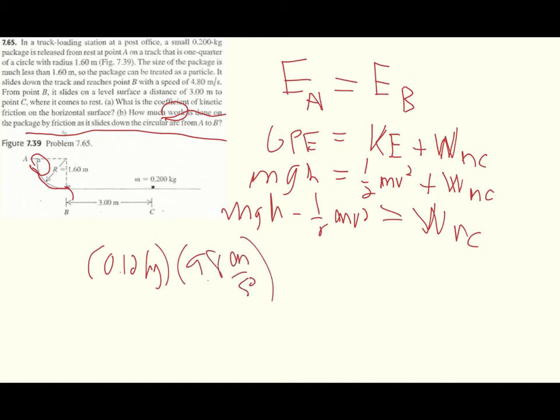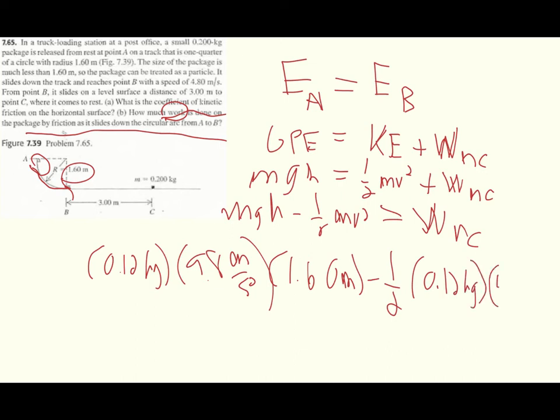The height is going to be this entire radius, that 1.6, minus 1/2 times 0.12 kilograms. And again, we know the speed at the bottom is 4.8 meters per second, quantity squared. And if we subtract those all out together, we should get 0.83 joules.